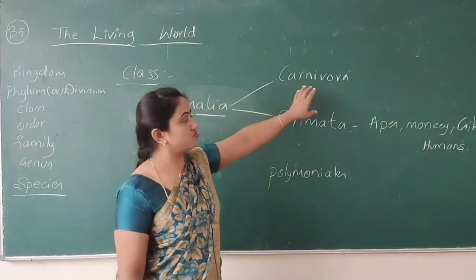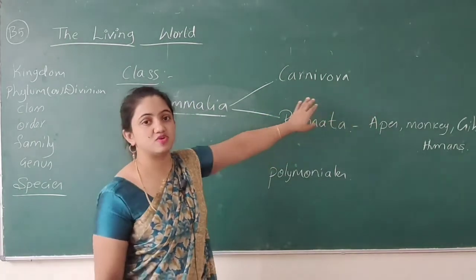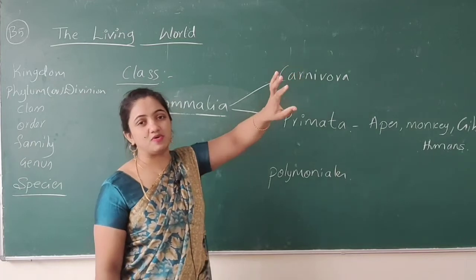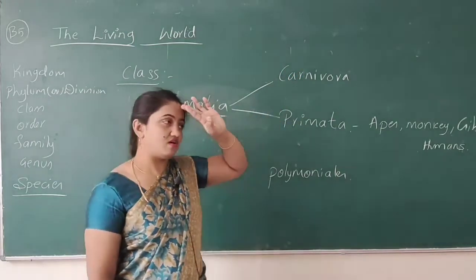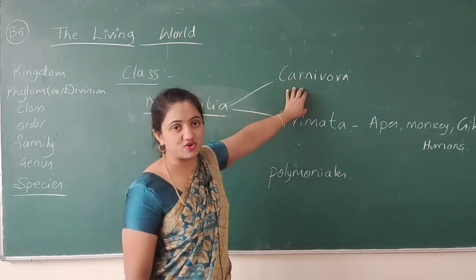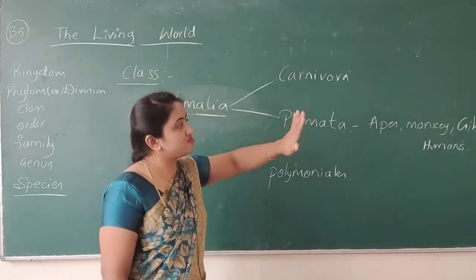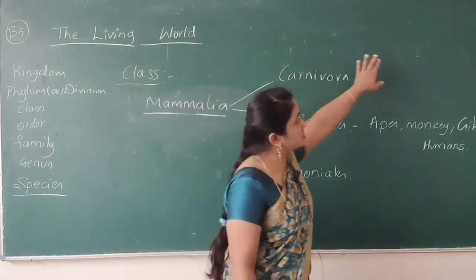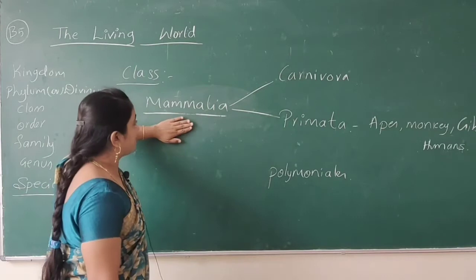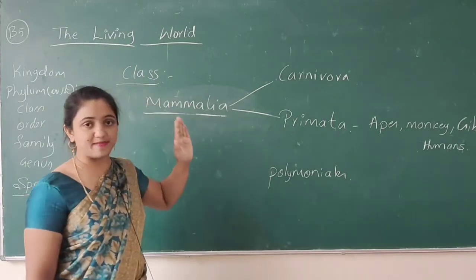There's no need to write all those animals because you know them: cat, dog, lion, tiger and leopard all come under the order Carnivora. Now what are the similar characters of all these species, because they all come under the same class Mammalia?